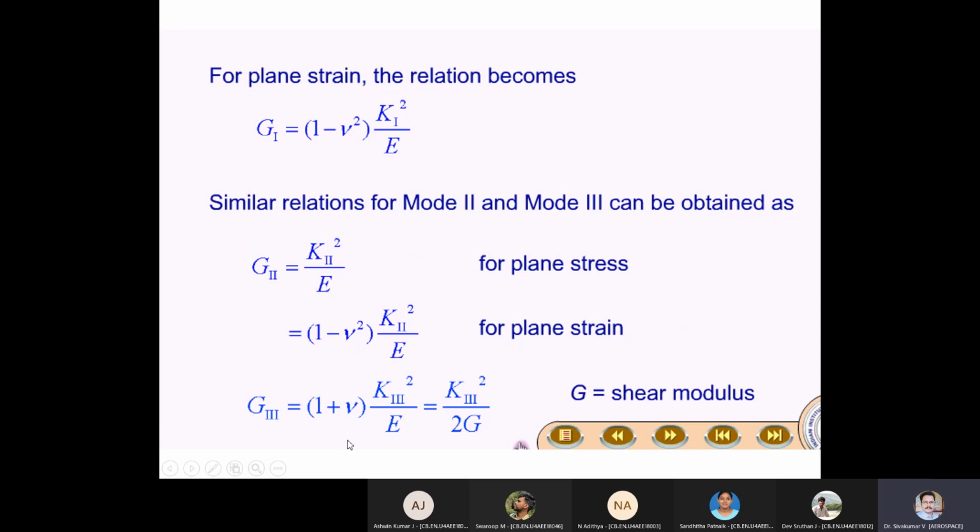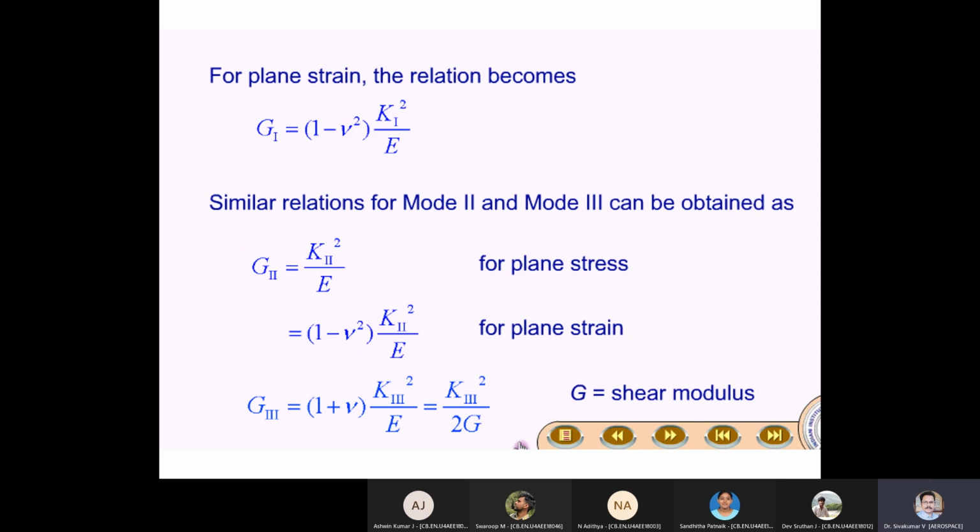Whereas for tearing stress, the shear modulus is important when you define G. So this is the relation existing between the energy release rate and the stress intensity factor.